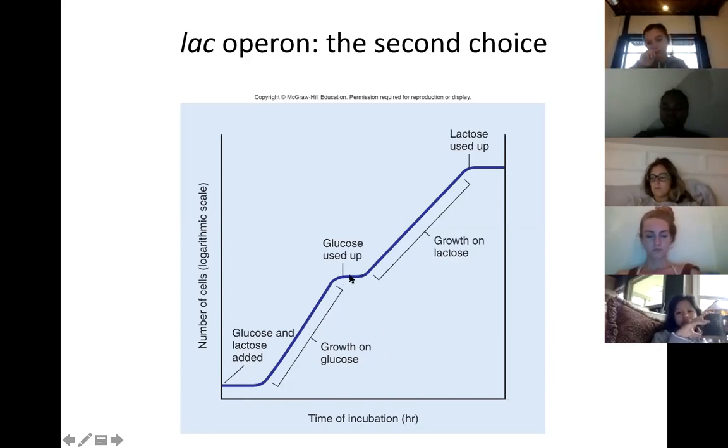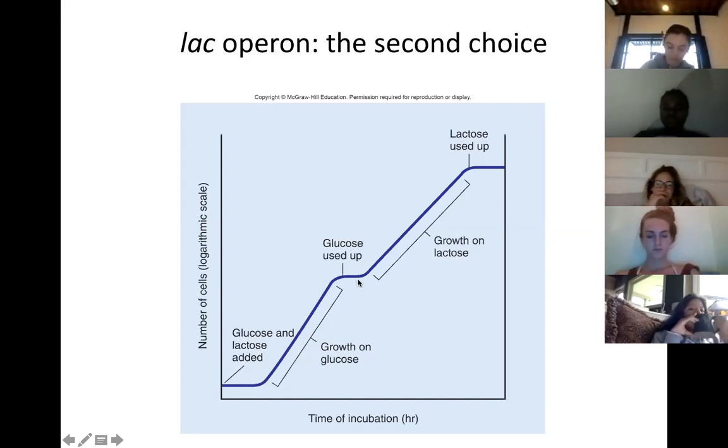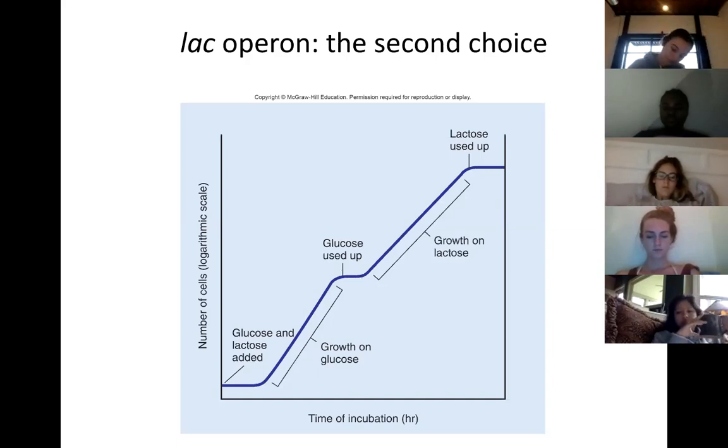We then go into what would be the stationary phase, but the cell is able to detect and realize that lactose is present. And so we have another lag phase. During this lag phase, that's when we're making enzymes, just like on the previous slide, the enzymes needed for utilization of lactose. We get them, they're good to go. We have exponential growth using lactose as an energy source.